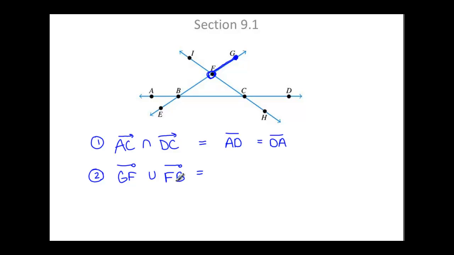And then on my half open line segment FB, I'm going to start with another color. I would begin with F, which is included, and I'll go in the direction of B. However, B is not included, so we'll need an open circle there. I'm exaggerating it a little bit so we can see it better.